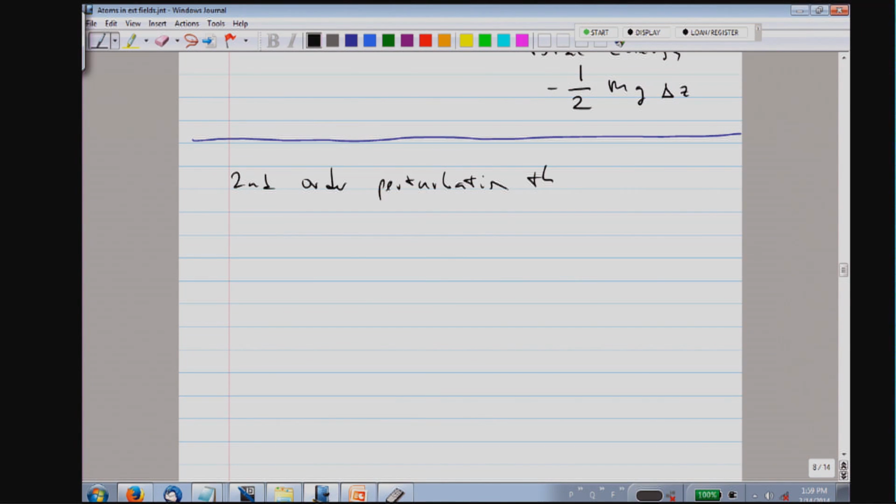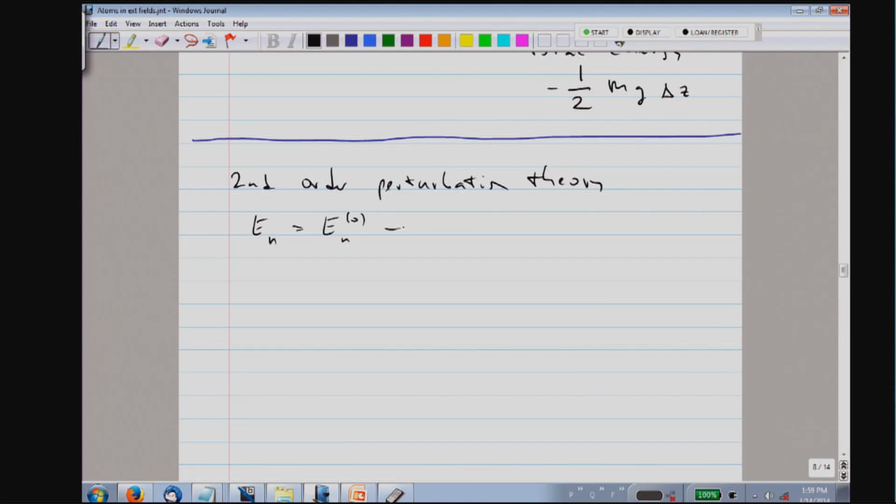We know already the first order term is 0. This was a discussion about parity. And in second order perturbation theory, the state n has an energy which is the unperturbed energy, and then in second order we have the matrix element to all other states.